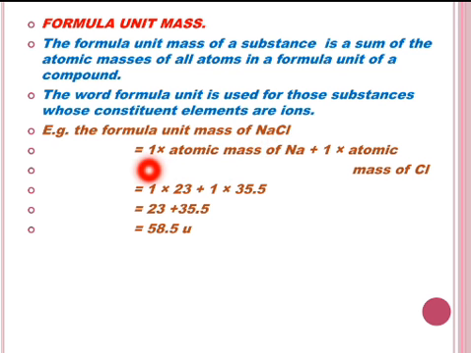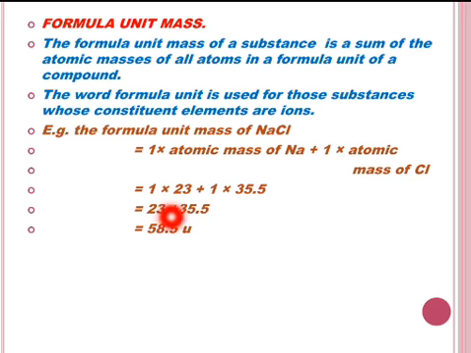So what we have to do? Just multiply one sodium atom with its atomic mass, that is 23, and one chlorine atom with its atomic mass, that is 35.5, and add the atomic masses of these two atoms.